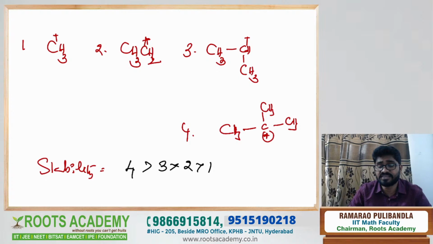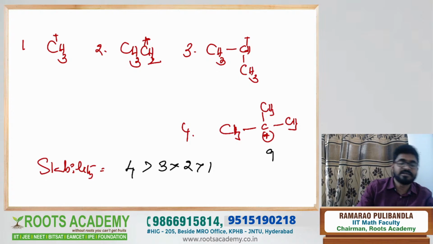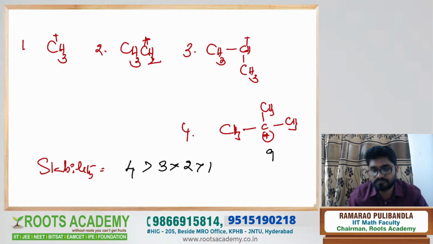First structure, first one. Yeah, for this we have 9 for the first one. Okay. I'm asking for the first one, Vani. For the one, how many are possible?